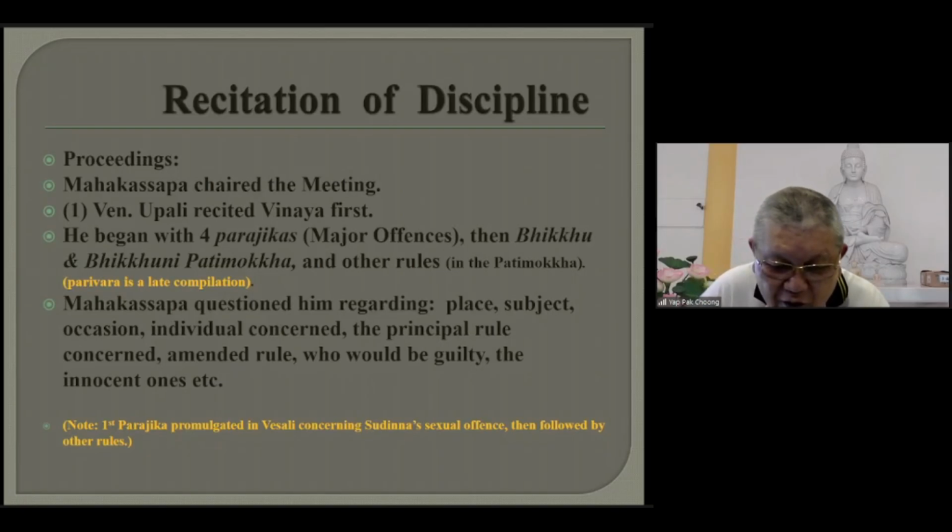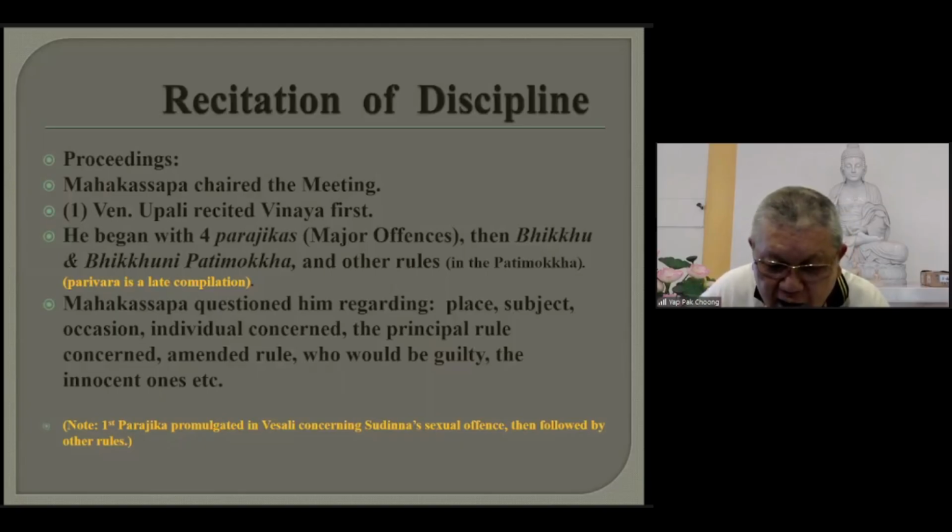We don't talk about the Vinaya rule. Because it was the first offense, the first thing, there's no precedent. So he cannot be penalized. But this story explains the beginning of the Vinaya rules. Okay. So Upali had to explain the background of each and every rule that he recited to all the other 499 arahants.